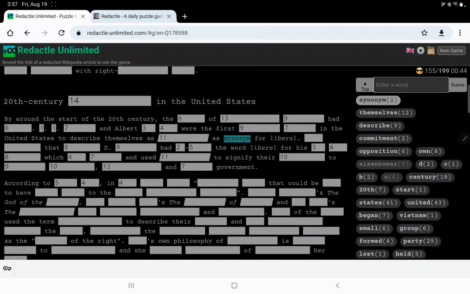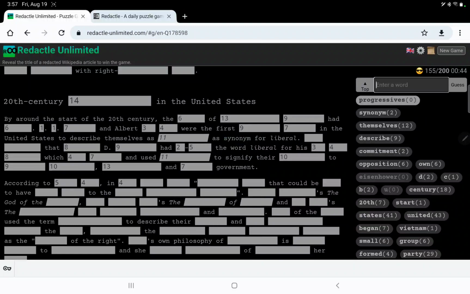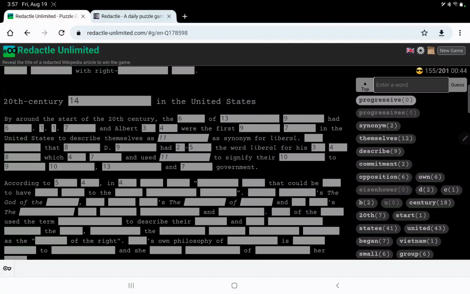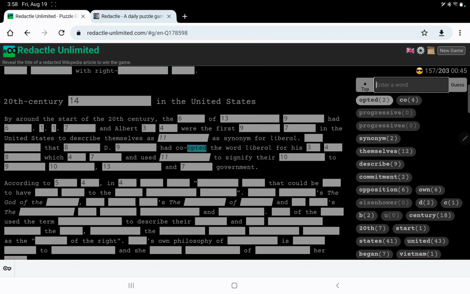Oh, now progressives? No. Well, let's try progressive. I wonder when that began to be used as a synonym for liberal. Describe themselves as 11. Oh, maybe someone else had co-opted. Yes.